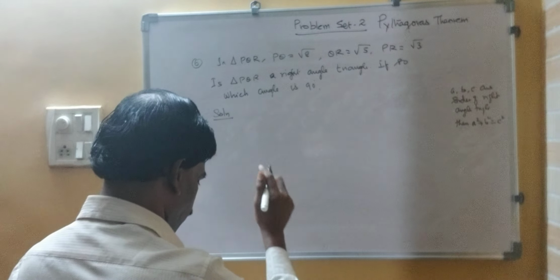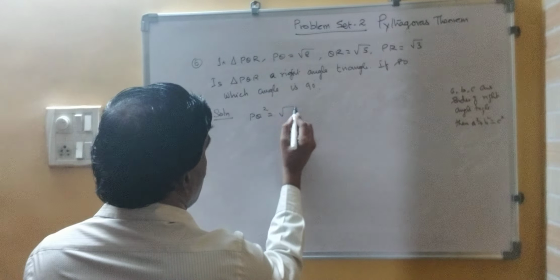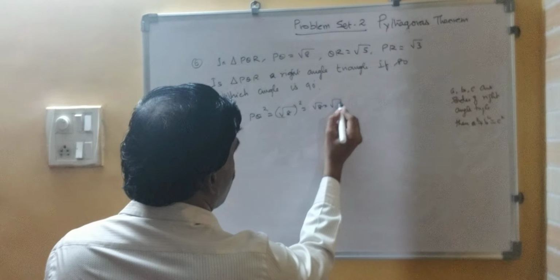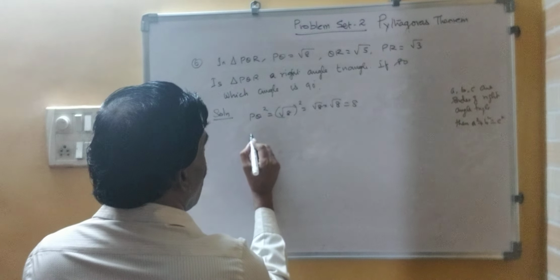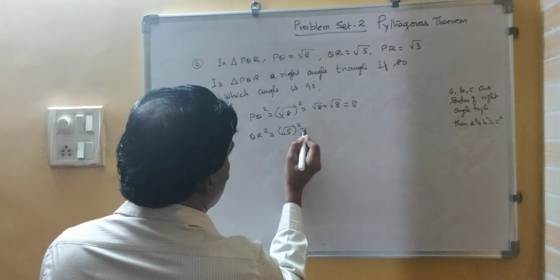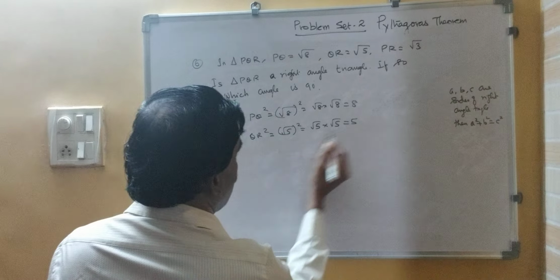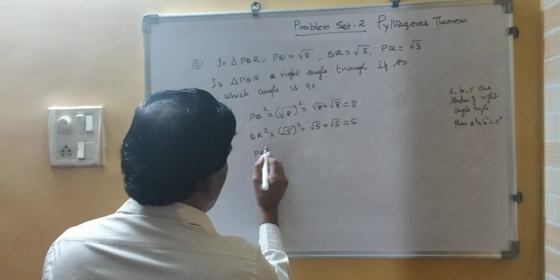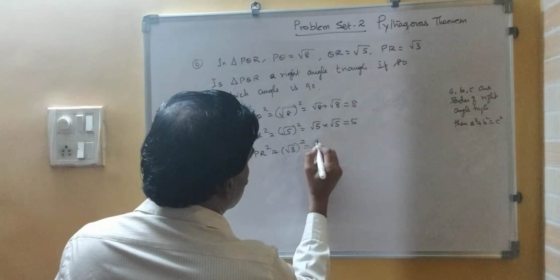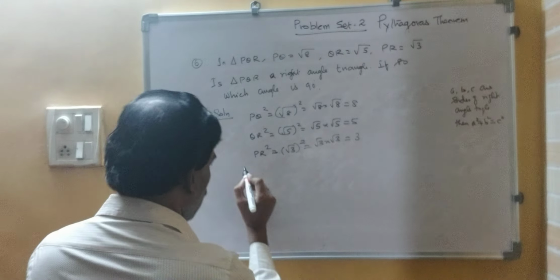Now PQ square equal to square root of 8 square equal to square root of 8 into square root of 8 equal to 8. Now QR square equal to square root of 5 square equal to square root of 5 into square root of 5 is equal to 5. So PR square equal to square root of 3 square equal to square root of 3 into square root of 3 equal to 3.